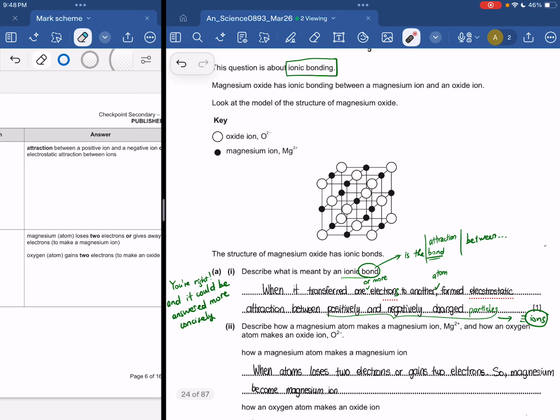Number 1, describe what is meant by an ionic bond. You say when it transfers one electron to another, from electrostatic attraction between positive and negative charge.